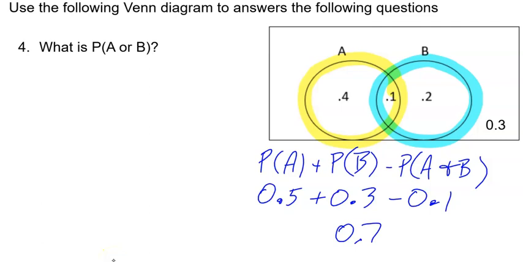Of course, you could have just added 0.4, 0.1, 0.2, and that would have gotten you the same thing.